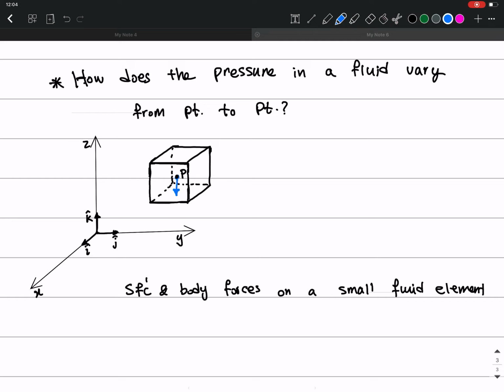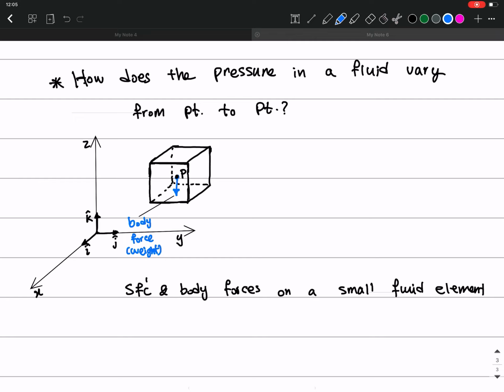This is the body force or weight of this fluid element.